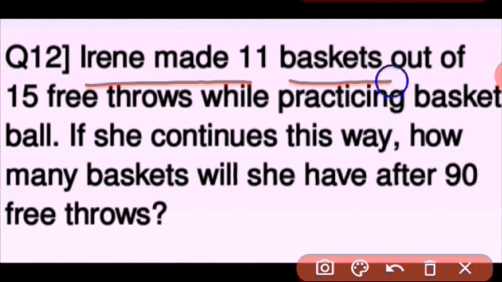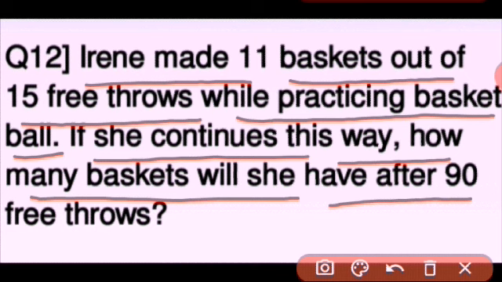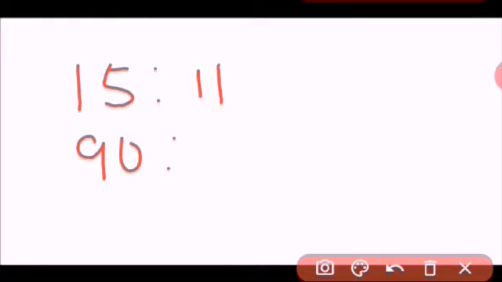Irene made 11 baskets out of 15 free throws while practicing basketball. If she continues in this way, how many baskets will she have after 90 free throws? For 15 throws, you have 11 baskets. For 90 throws, how many baskets will there be? It's once again a very simple question.